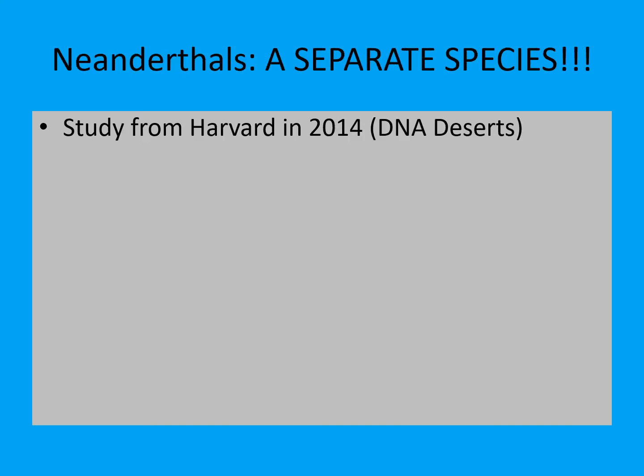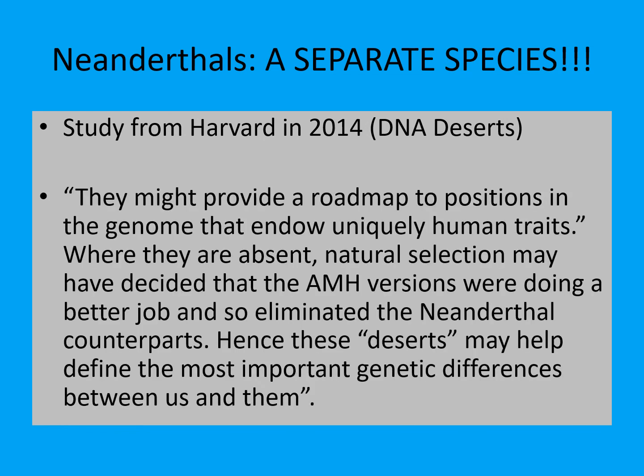So if we look at a study from Harvard in 2014 on DNA deserts, from the article itself, they may provide a roadmap to positions in the genome that endow uniquely human traits, right? Where they are absent, natural selection may have decided that the anatomically modern human versions were doing a better job and so eliminated the Neanderthal counterparts. Hence, these deserts or these absences may help us define the most important genetic differences between us and them.